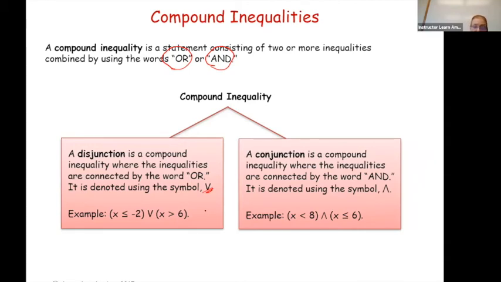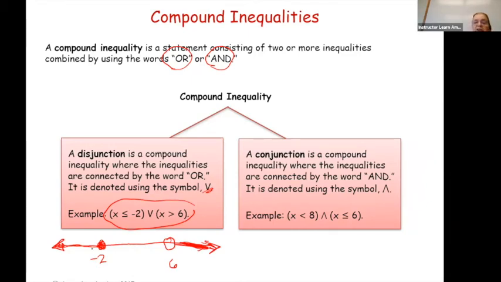Well, if x is less than or equal to -2, we would have -2 on the number line, and x would include the number -2, and then it would move off to the left. If x were greater than 6, we'd have an open circle at 6, then it would move off to the right. So this graph would show the disjunction that's described in this statement. Now, notice disjunction is a separation, and you see that the sets that describe the inequalities are truly separated.